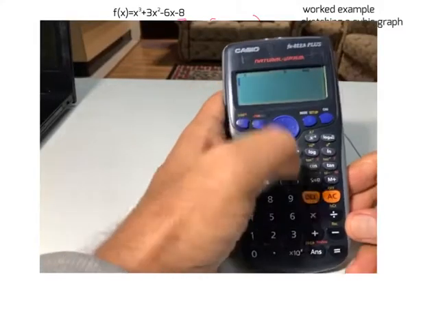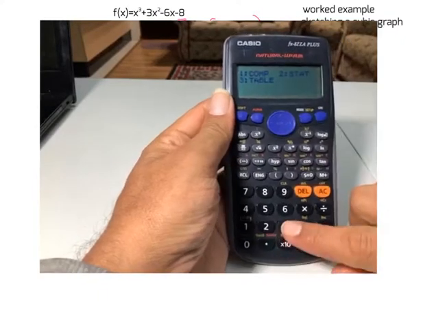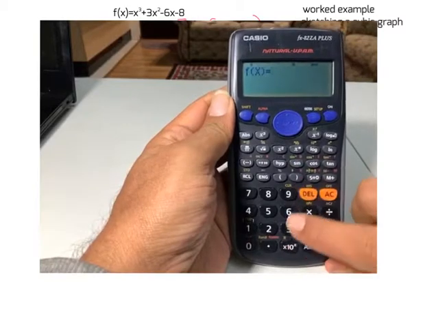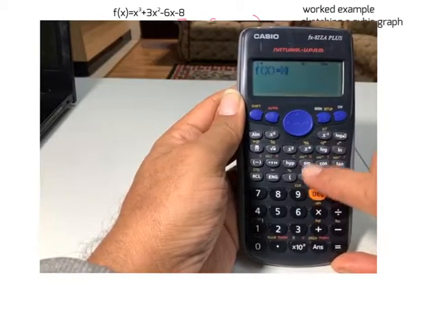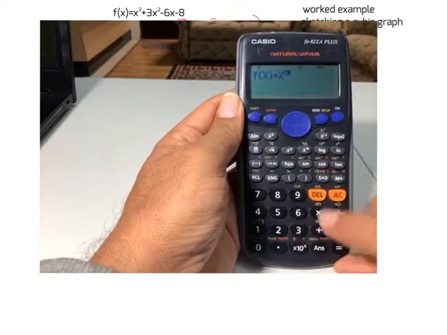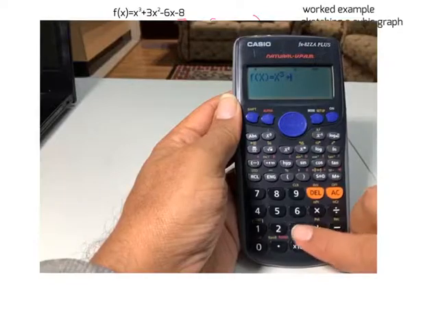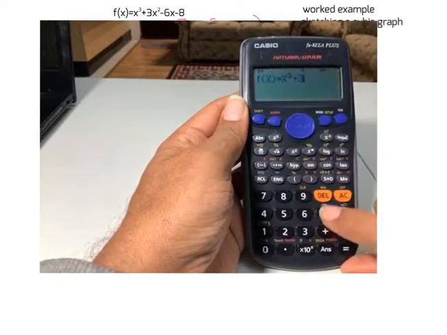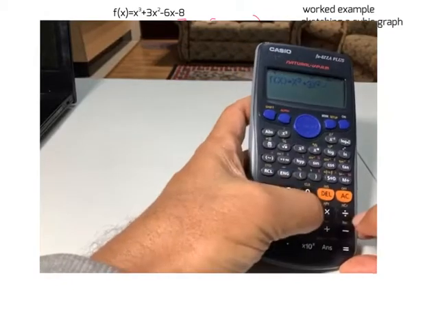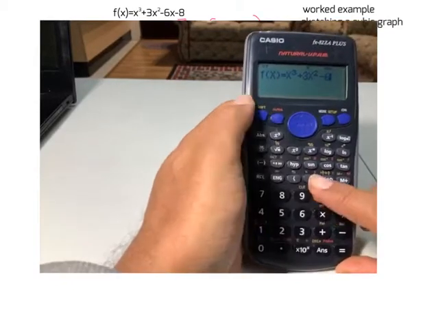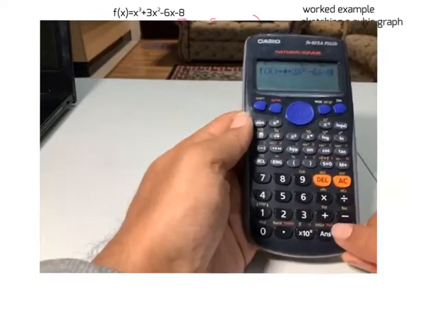Now to calculate the x-intercepts, I resort to using the calculator. I press mode and option number 3, and I make x cubed, so it is alpha x cubed, and then plus 3 alpha x squared minus 6 alpha x minus 8.